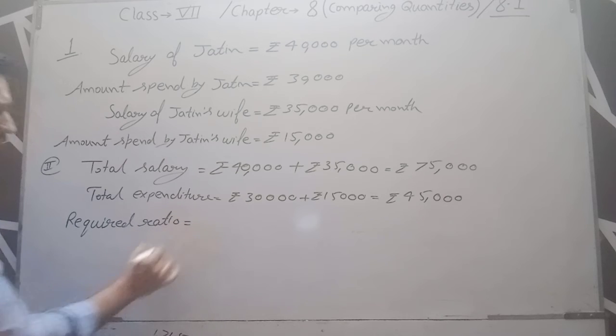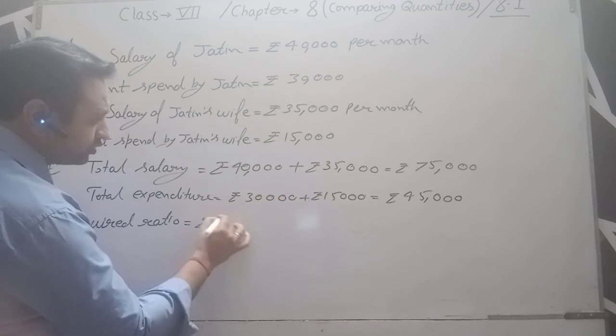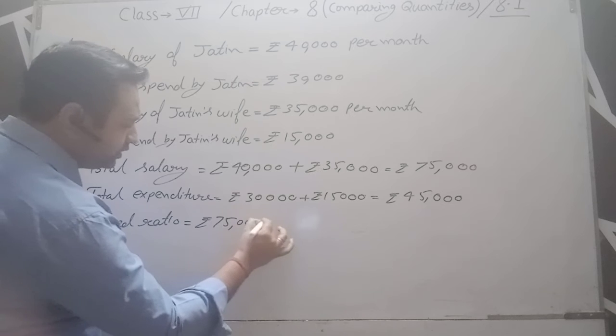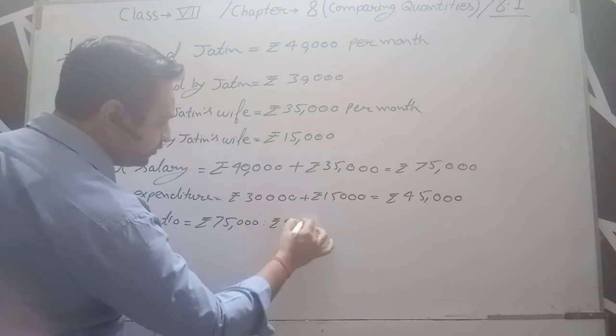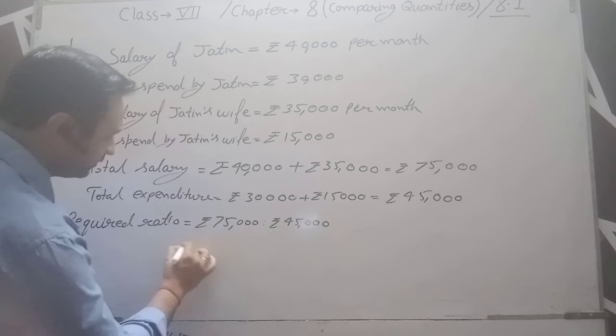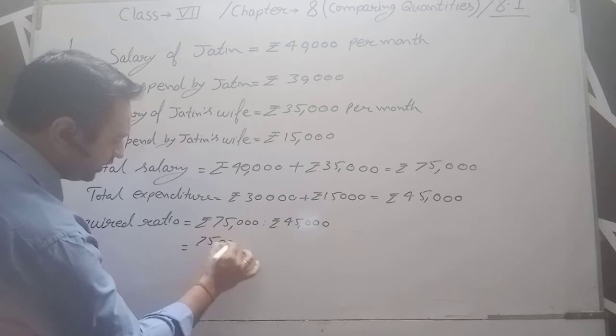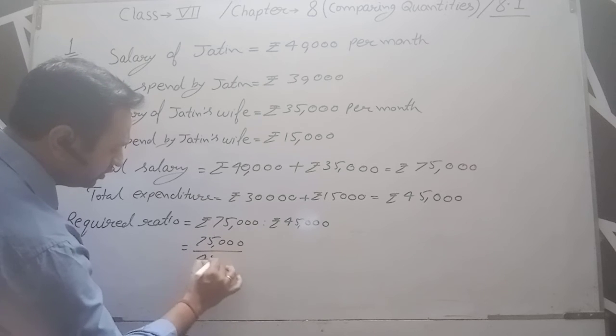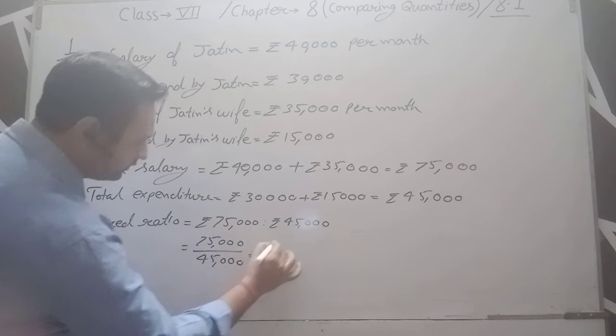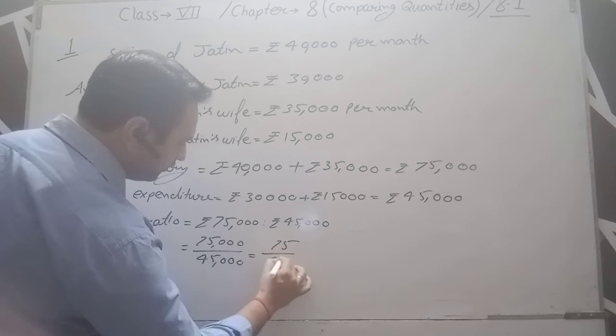So we have to find the required ratio. Required ratio is equal to ₹75,000 ratio ₹45,000. 75,000 upon 45,000, 75 upon 45.